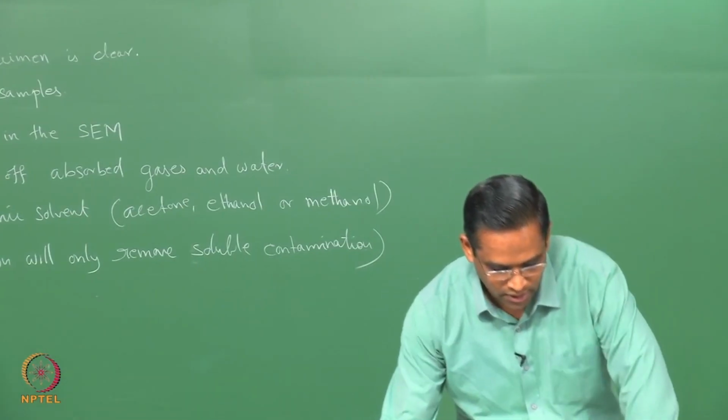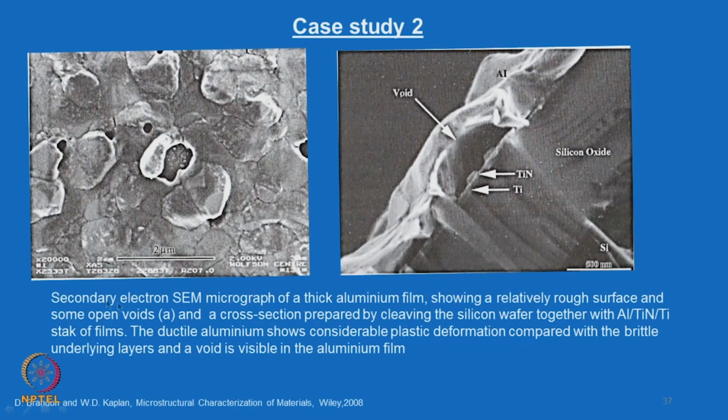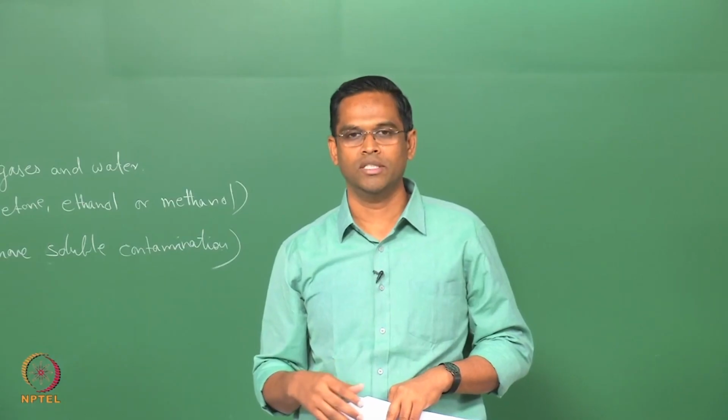So, what you are seeing on the screen is the secondary electron SEM micrograph of the thick aluminum film. Remember, one of the objectives of this case study was to look at the initial deposition of aluminum and its morphology.